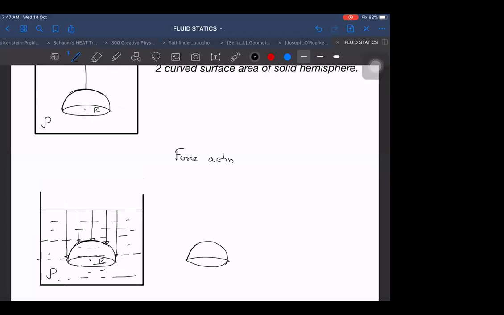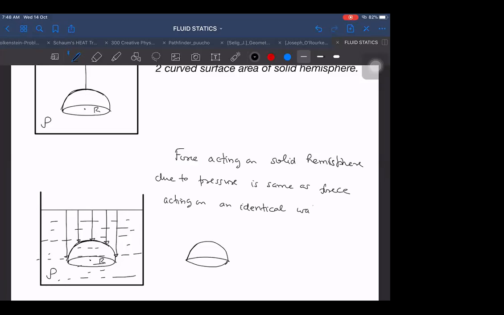Force acting on the solid hemisphere due to pressure is the same as force acting on an identical water hemisphere.